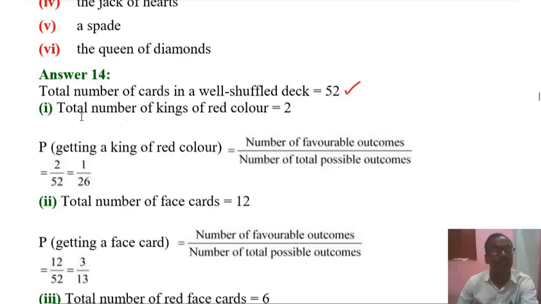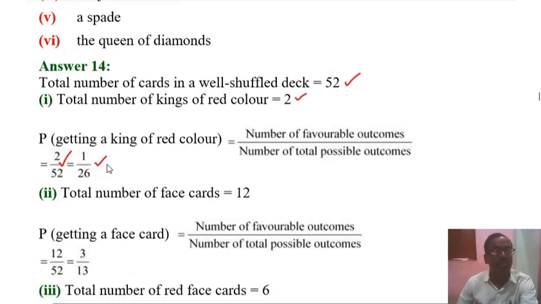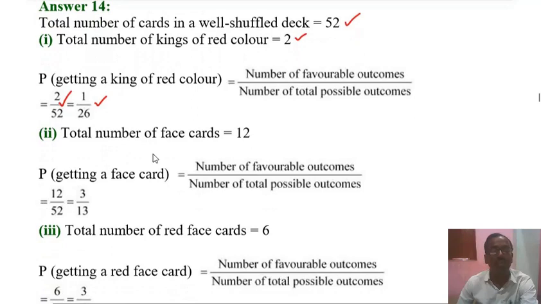For the first part, the number of favorable outcomes is 2. So the probability of getting a king of red color will be 2 by 52. After cancelling out the common factor, we get 1 by 26. The total number of face cards is 12.